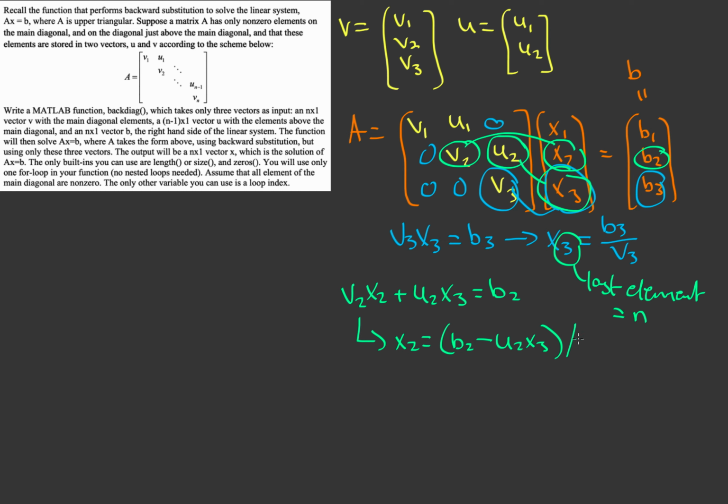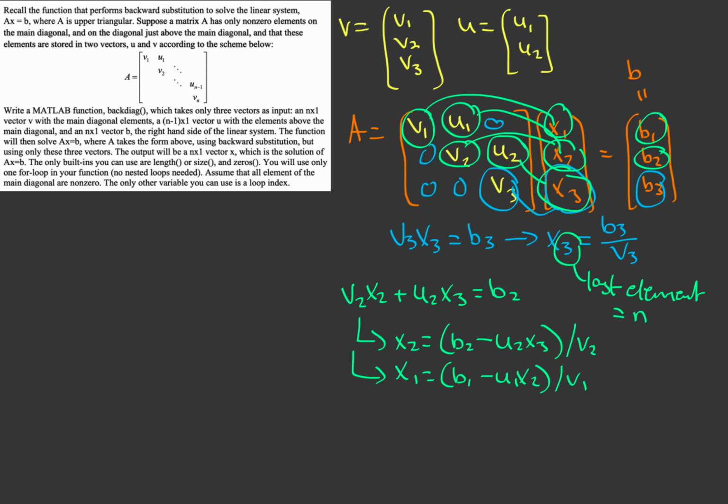If we do the same thing where we have v1 multiplied by x1 and u1 multiplied by x2 gives us b1, we get x of 1 is equal to b of 1 minus u of 1 x of 2, all divided by v1.